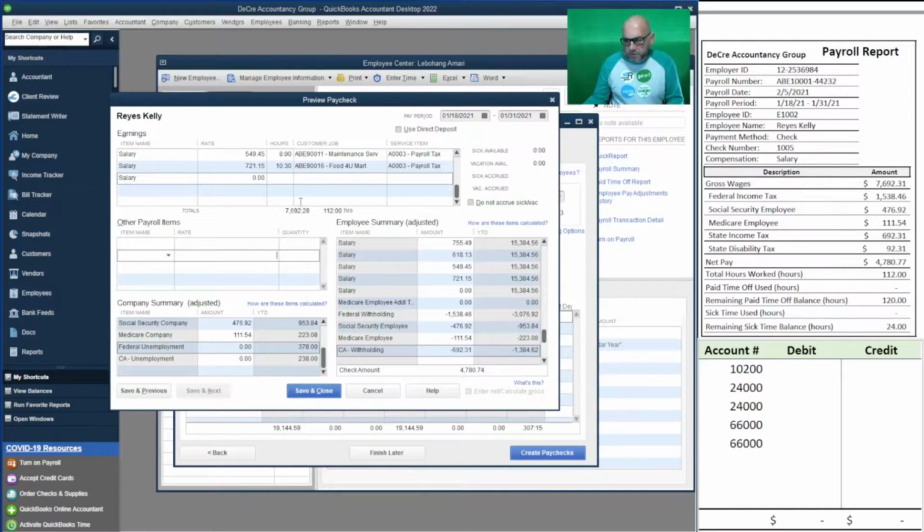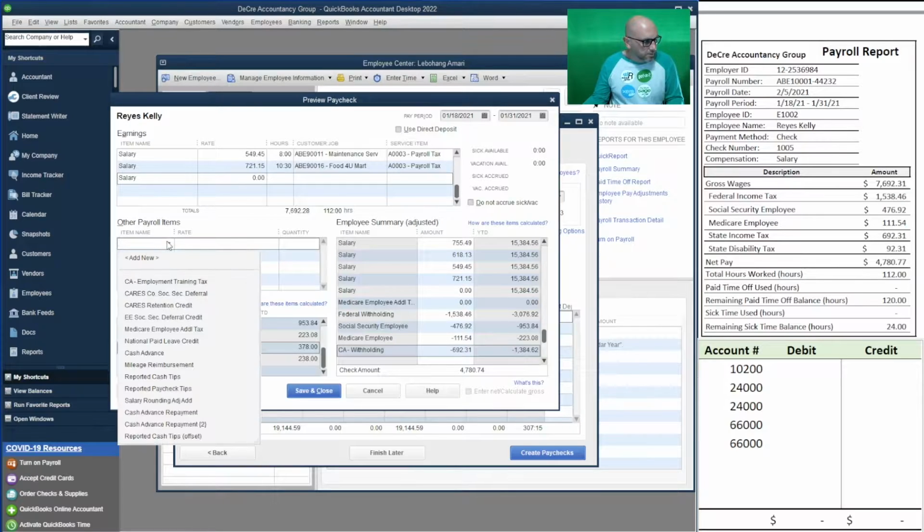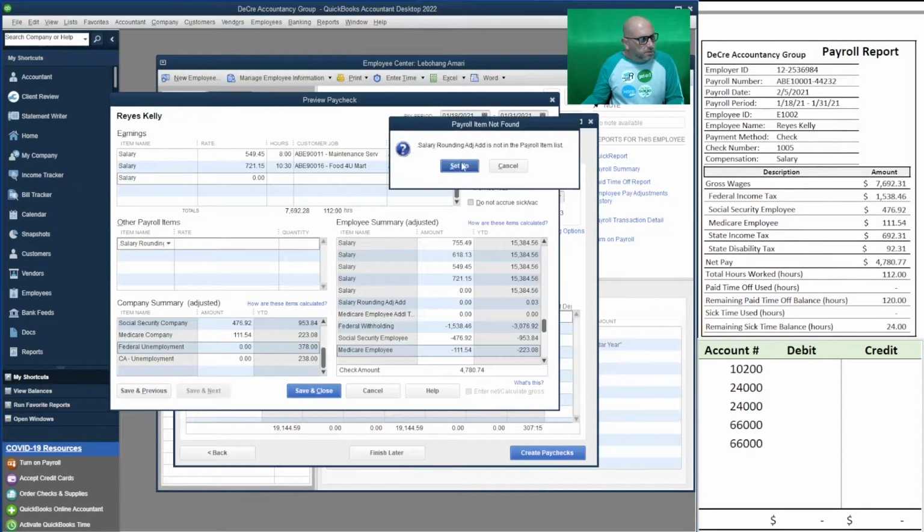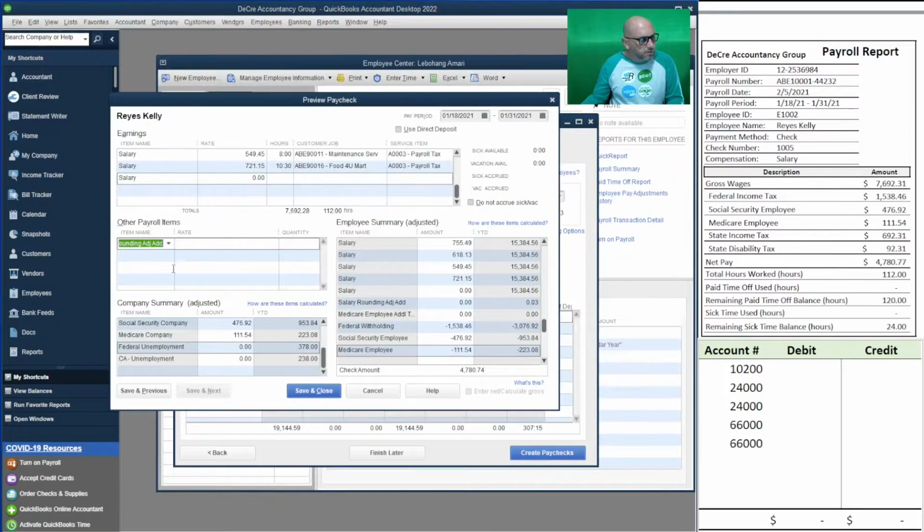Because our salary is calculated, so let's do this. 28, I need to add 3 cents. There it is, right, 3. I'll explain it in a second. All right.